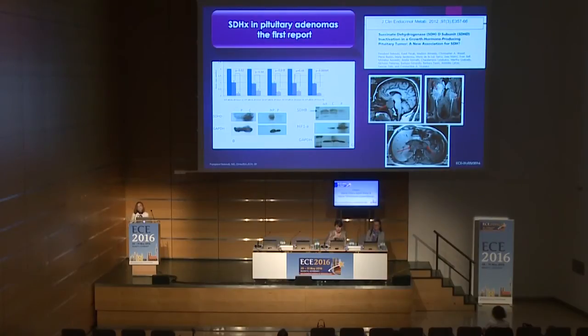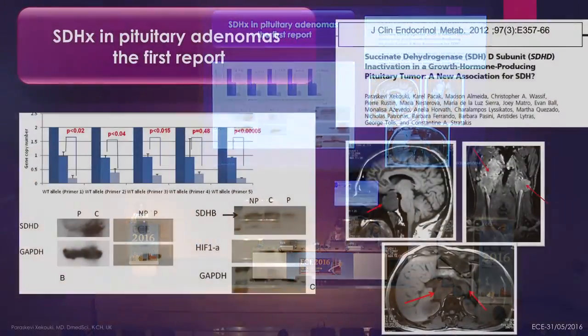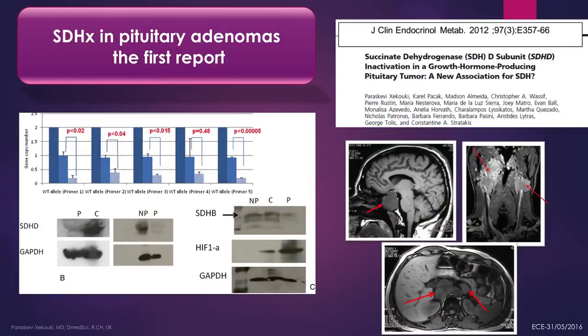Back in 2012, when I was still in Stratakis' group, we reported for the first time a kindred that presented with familial paragangliomas, and the index case, except for multiple paragangliomas and bilateral pheochromocytomas, presented with a GH-secreting macroadenoma.